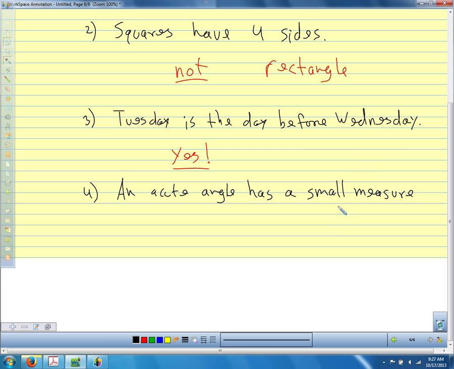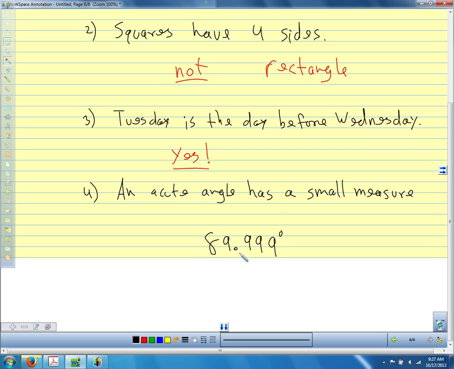Do they mean 10 degrees? Do they mean 20 degrees? Because how big could an acute angle be? 89, how about 89.999 degrees? Is that small? No. We don't know what they mean by small. So this is not precise, that is the problem with this.